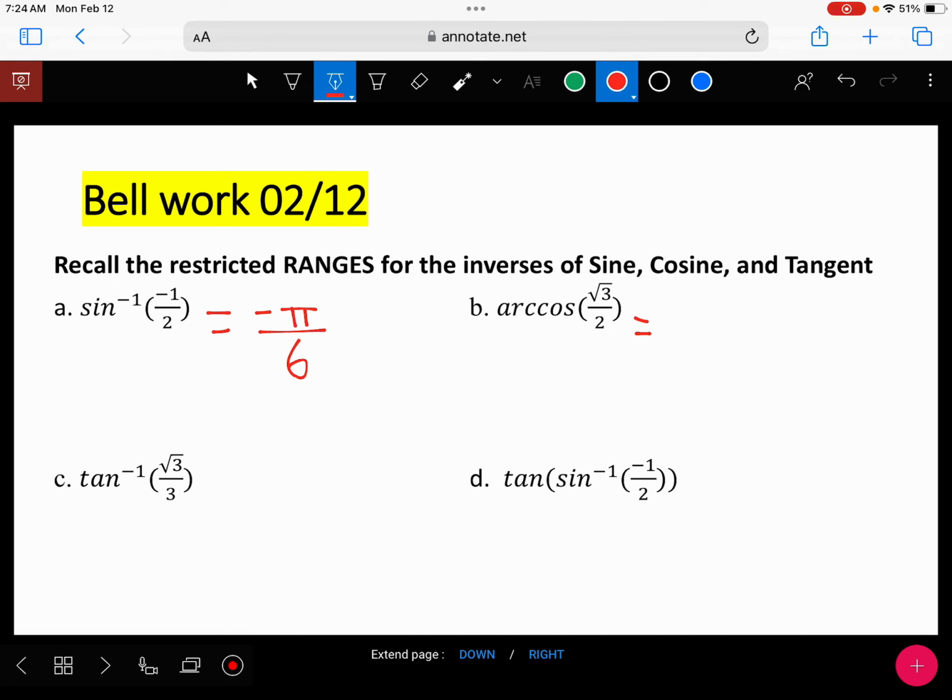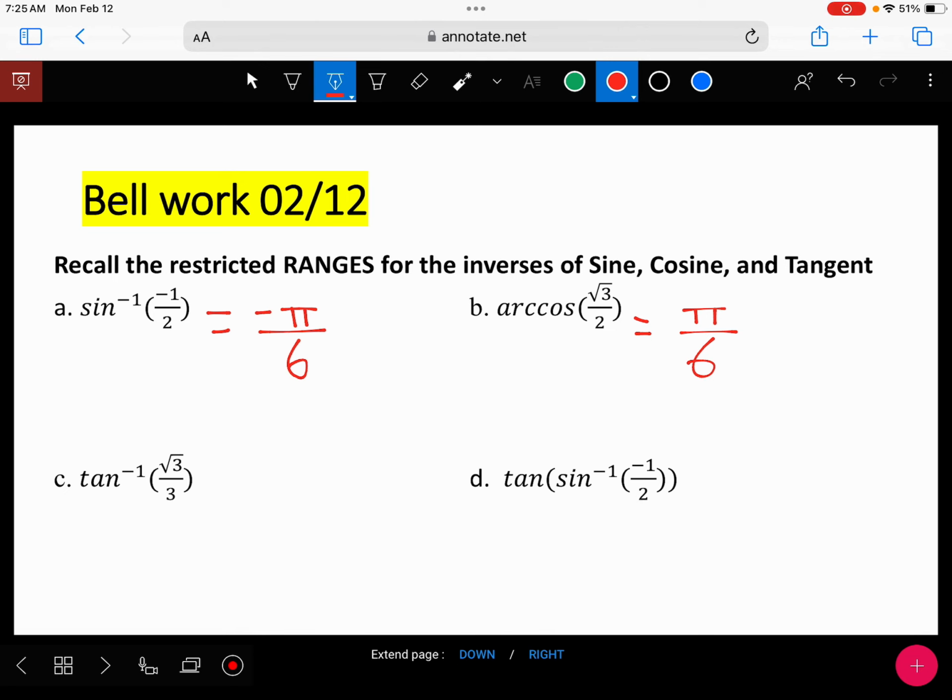No. Whatever you see, our domain restriction for cosine or any of the quadrant 1 and 2 inverse functions is just 0 to pi. So whatever we already have on our unit circle is good. Arc cosine of root 3 over 2. Is that what you guys got? Positive pi over 6. Good.